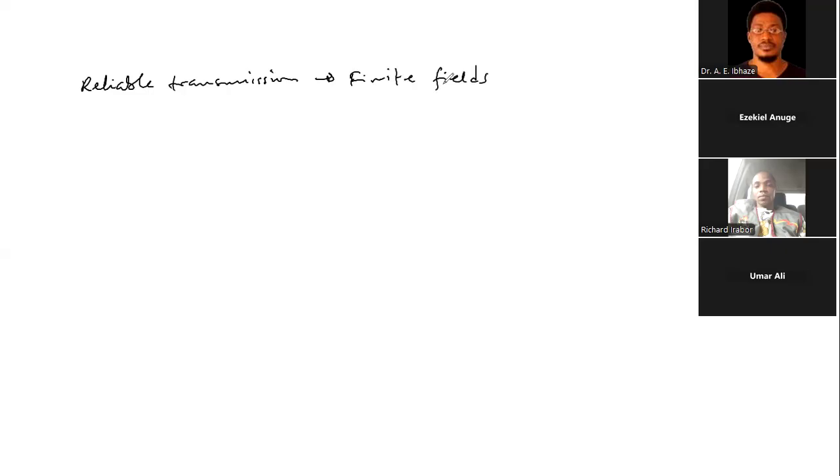It means we need codes, and these codes must be of finite duration, so that we are able to tell the length of what we are transmitting, so we know the length of what we expect to receive.